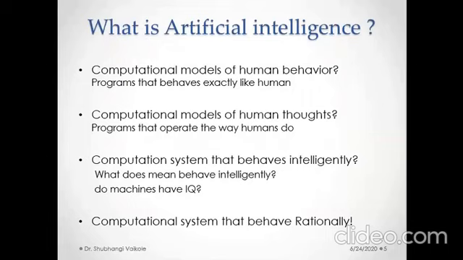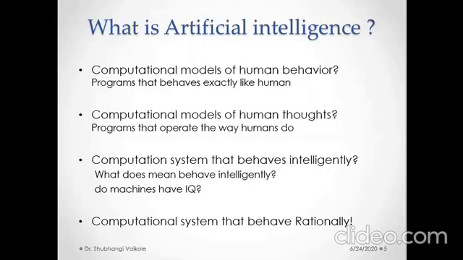Yes, programs that behave exactly like humans are artificial intelligence. Then computational models of human thought? Yes, programs that operate the way humans do. So if a human is able to do something, then an artificial intelligence program can be able to do that too. Computational systems that behave intelligently.